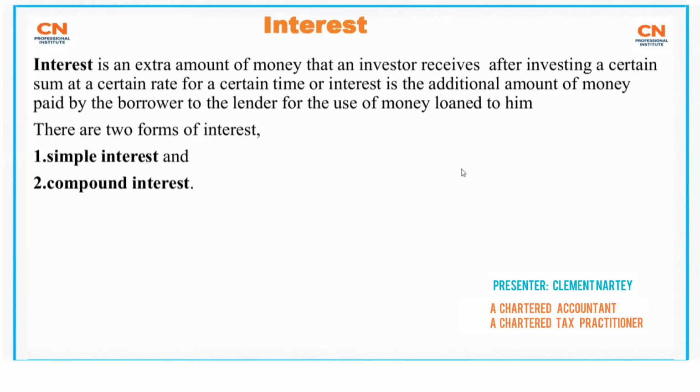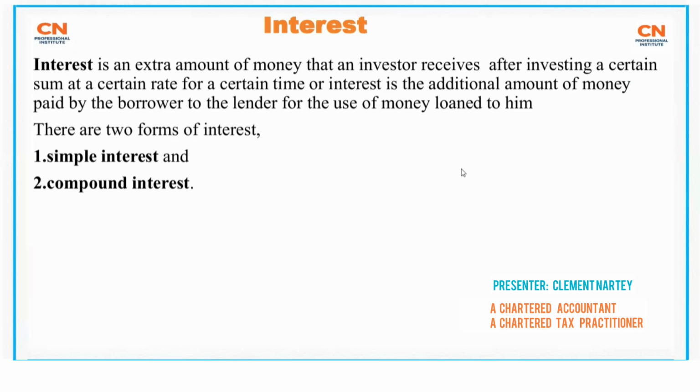Right. So if you invest your money somewhere, you receive interest. Right. If you borrow money, you pay interest. So interest is either the extra money that we receive when we invest somewhere, or the extra money paid because we borrow funds. Okay, so if you go to the bank and you borrow money, you pay the interest. If you go to the bank and you invest, you receive.